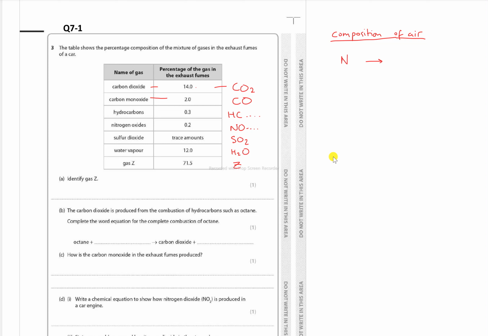Okay, let's write it this way actually. Nitrogen is 78%. Oxygen 21%.